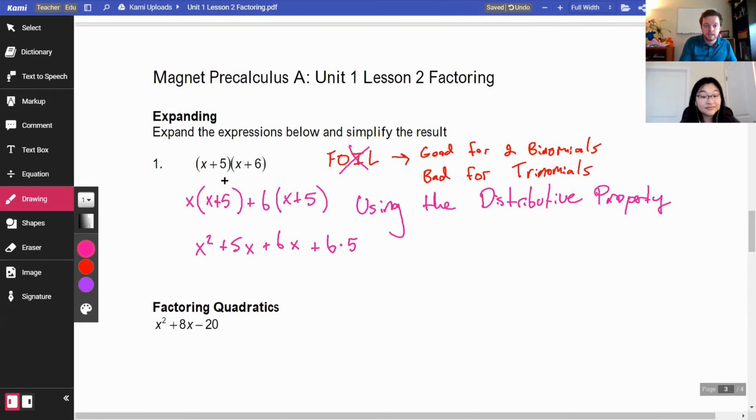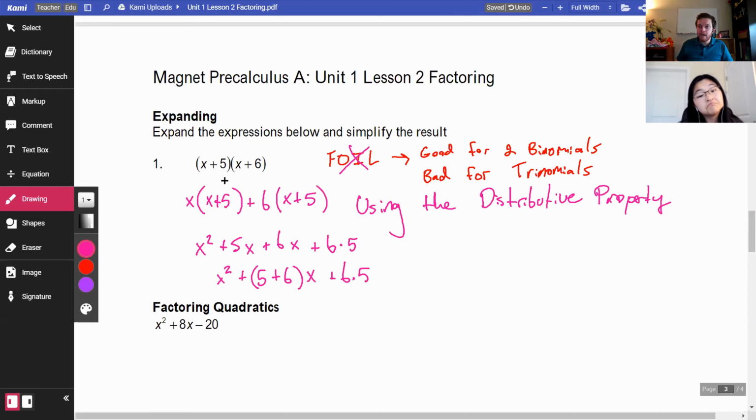Because, one last line, I'm going to do a little bit of grouping here. I'm going to take out the GCF of these two terms that have the x in common. Notice that these two expressions here are the same. We have 6 times 5.